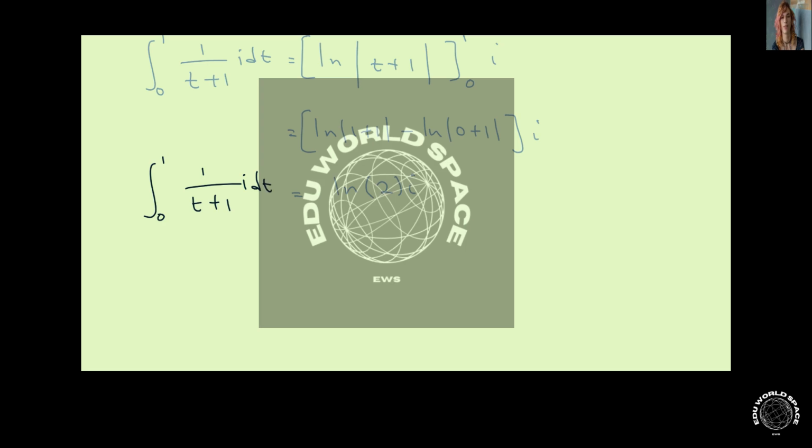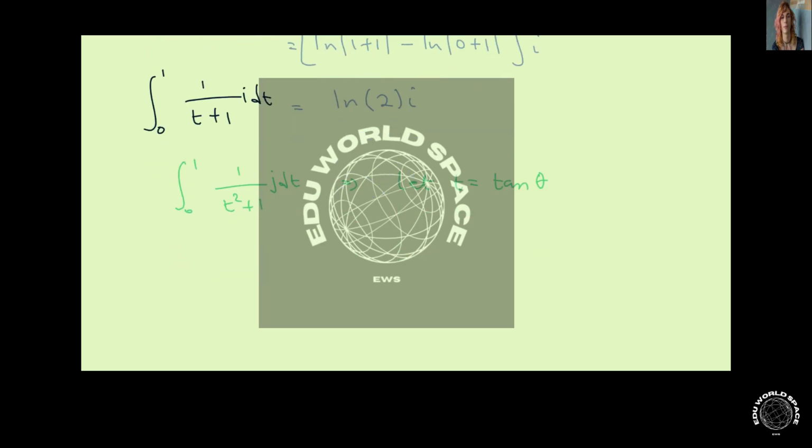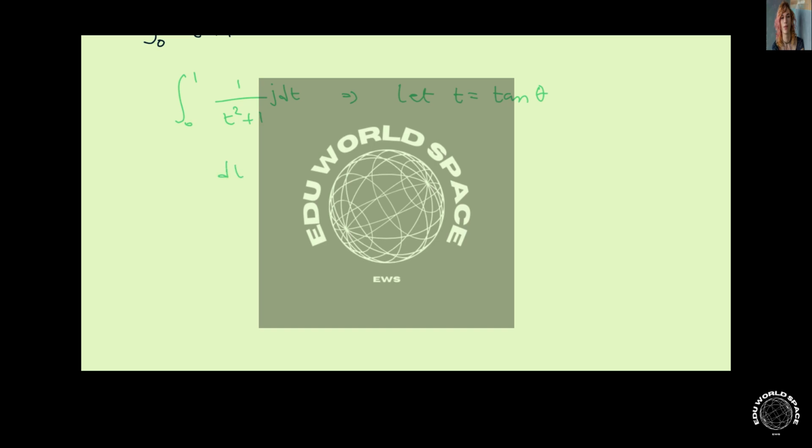Now let's look at the next part, which is integral from 0 to 1 of 1 over t squared plus 1 j dt. So we'll make the substitution t equals tan theta, right? That's what we have; dt equals sec squared theta d theta.